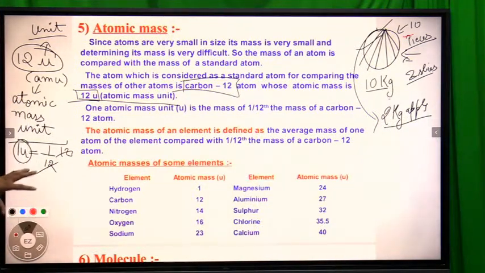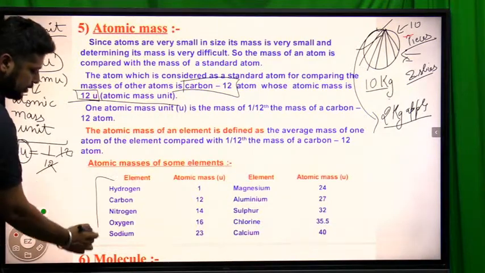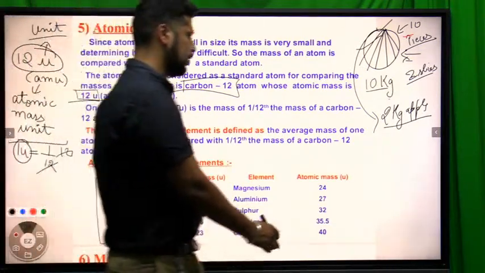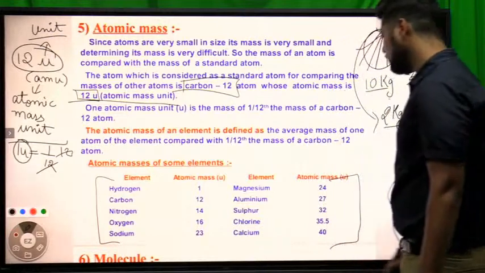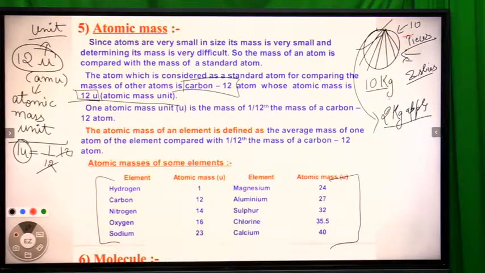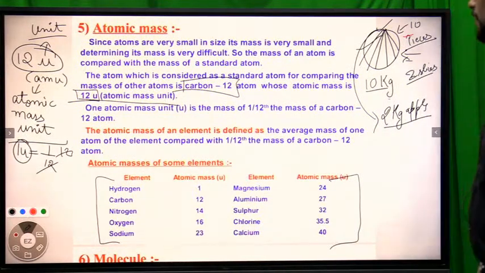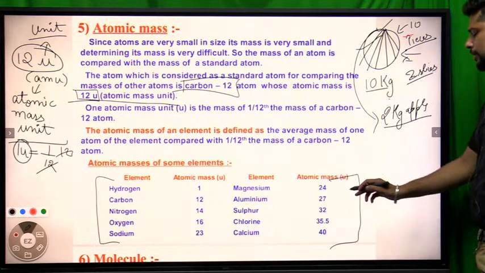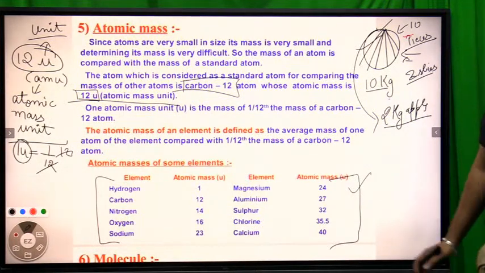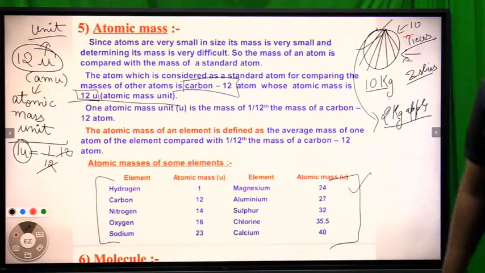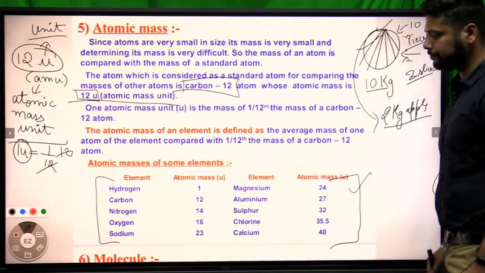These atomic masses you have to remember, because if we have any numerical, we have to remember them. Only 10 atomic masses are given in your course. Just remember the masses of these 10 elements.